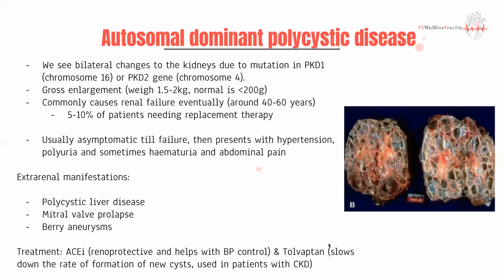I probably didn't pronounce it right, but what this new medication does, it basically slows down the formation of new cysts and is usually used in patients with autosomal dominant polycystic kidney disease who have gone on to develop chronic kidney disease. So worthwhile knowing, although I don't think it would be particularly high for assessments, that's a new medication.